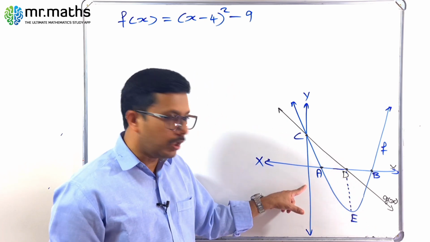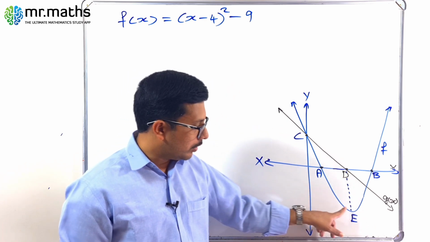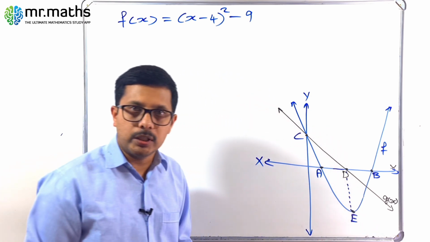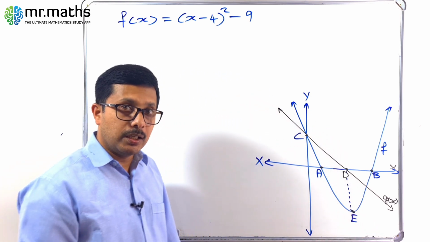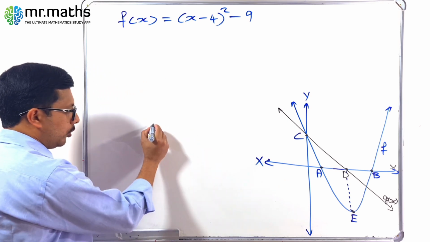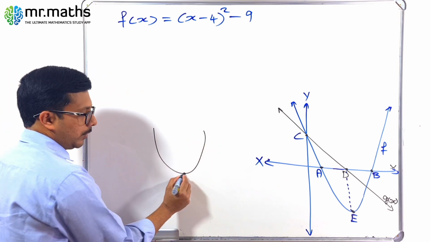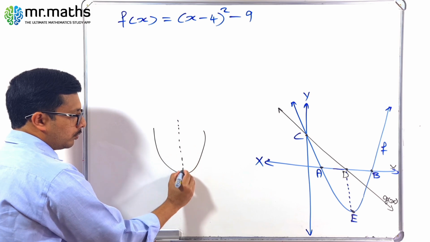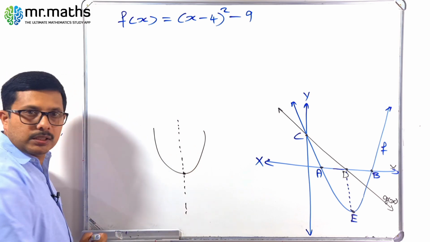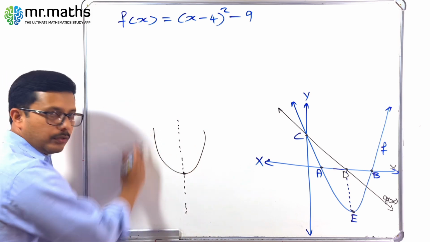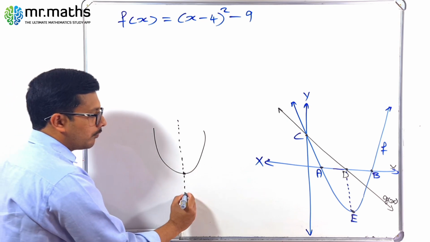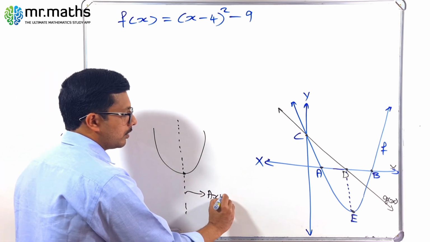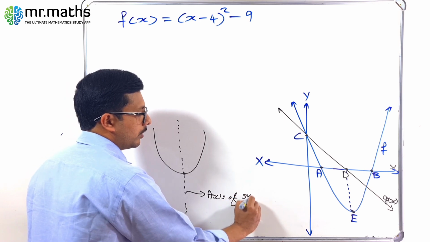You can see that this dotted line is passing through the turning point. If it is a parabola like this, assume this is the turning point, and a line passes through it parallel to the y-axis, then what is the name of this straight line? Yeah, that is the axis of symmetry.